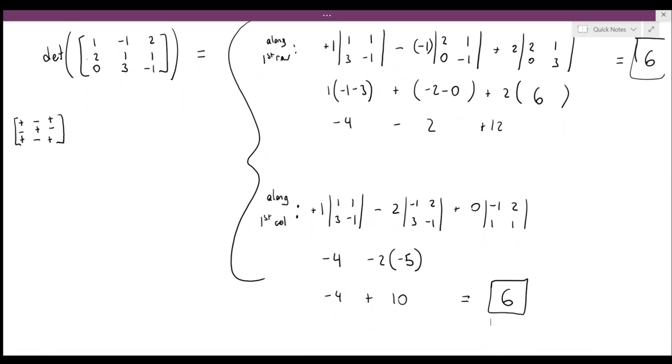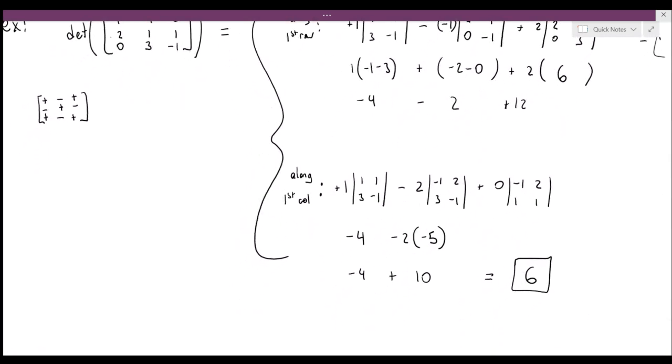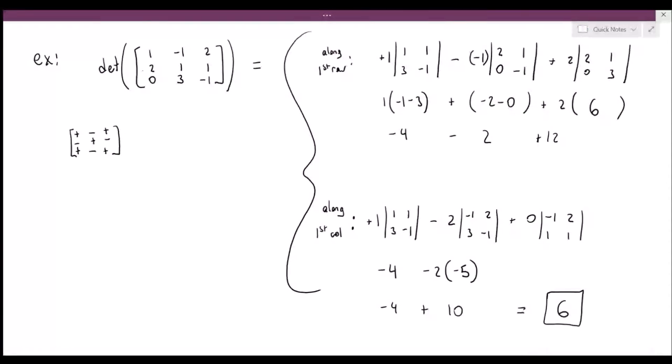And although I'm not going to emphasize it too much for the rest of this review, it is important to remember how the determinant has this geometric interpretation as the volume of the parallelepiped formed by the columns of your matrix.